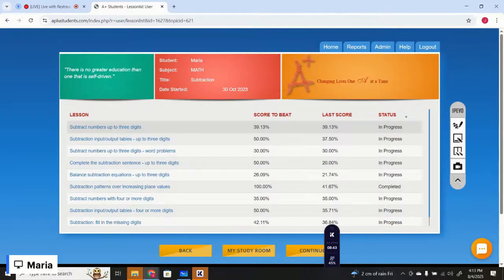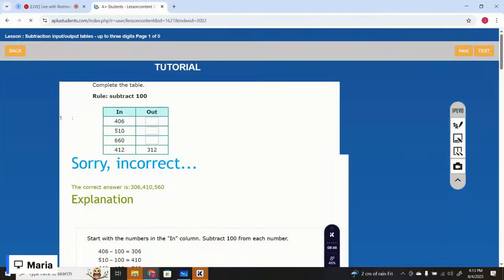The next one is subtraction input output tables up to 3 digits. Complete the table. We are given the rule, that is subtract 100.